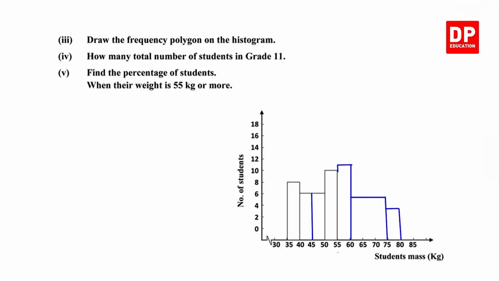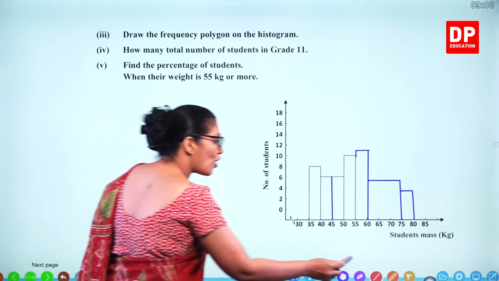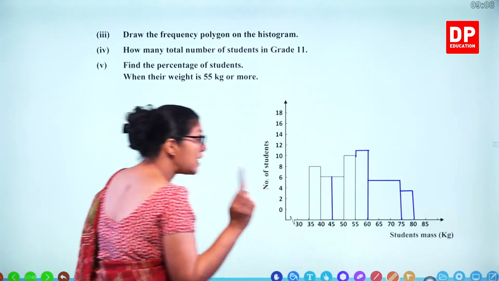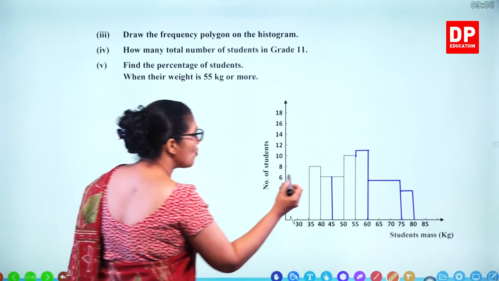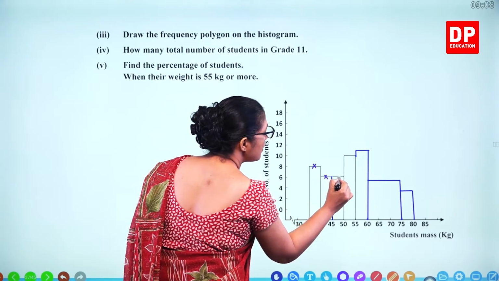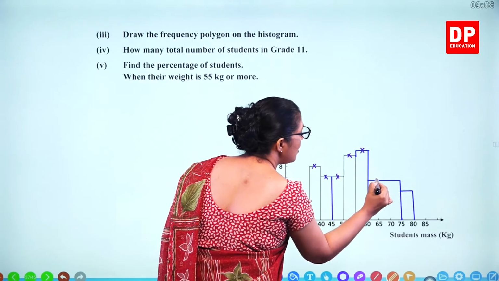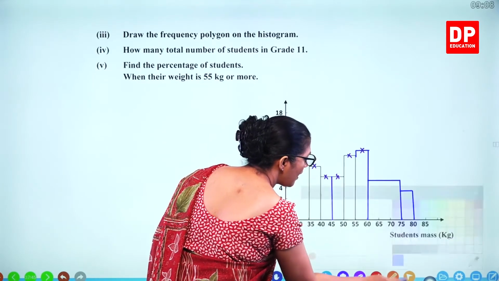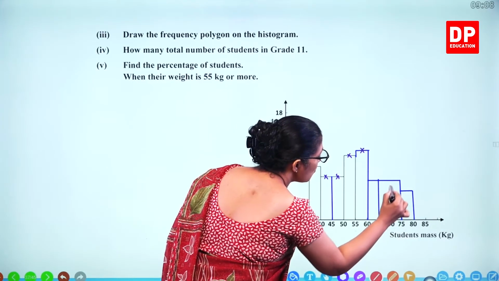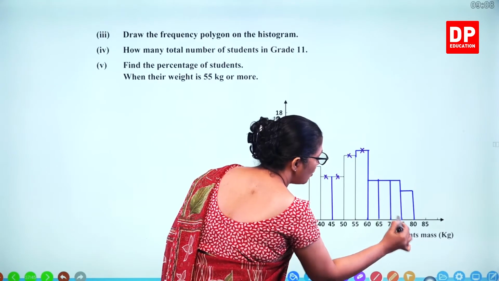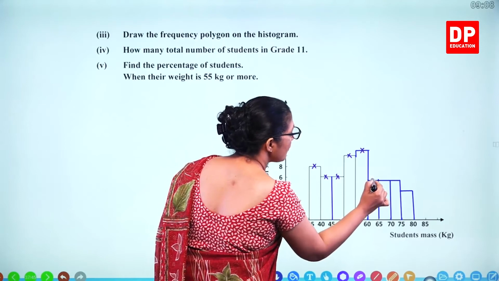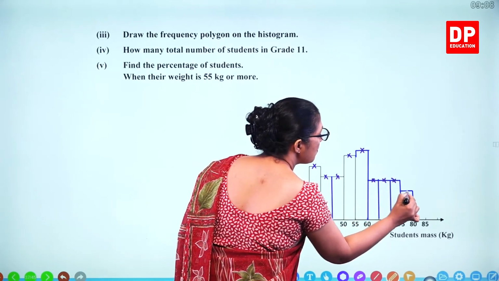Third part, draw the frequency polygon on the histogram. So the histogram is there. How do we draw the frequency polygon? You have to mark the midpoints of each bar, equal bars. So we can mark the midpoints of each equal bar. So here we need to first draw the lines. So we need 1, 2. And now you can mark the midpoints. For each bar, we mark the midpoints.